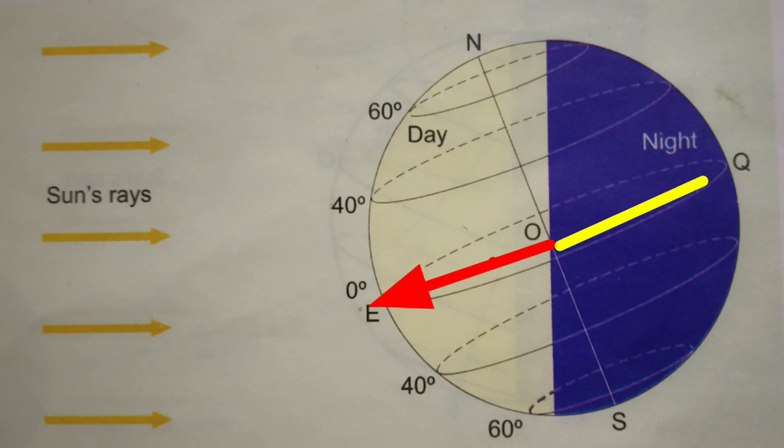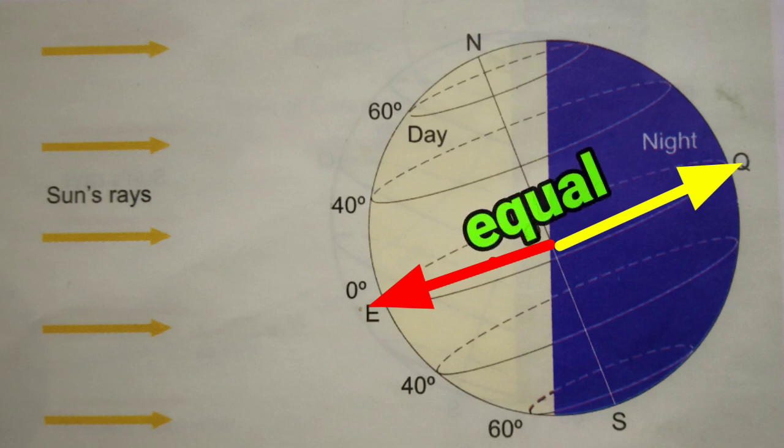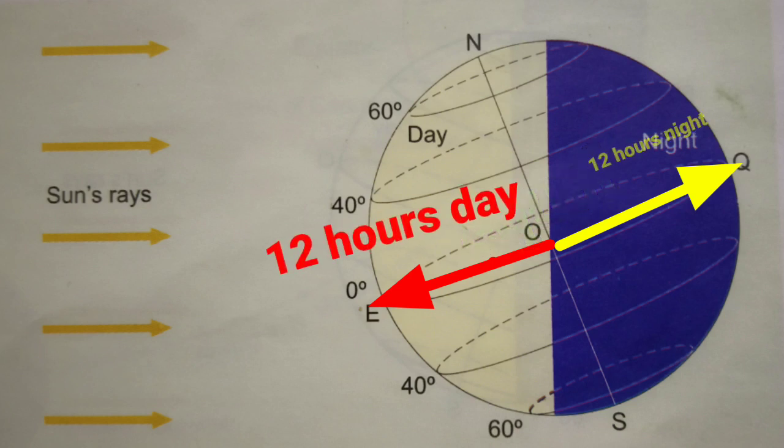If we measure the parts of the equatorial circle which fall in the lit and dark zones using a piece of thread, we will see that both the lit and the dark parts of the circle are equal. That means the duration of day and night on any part of the equator is equal. It is 12 hours day and 12 hours night.